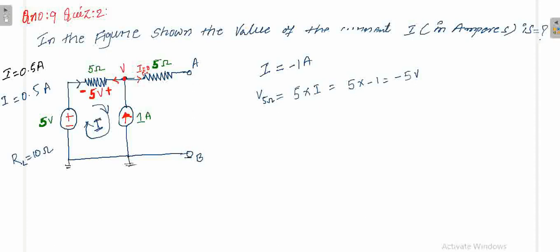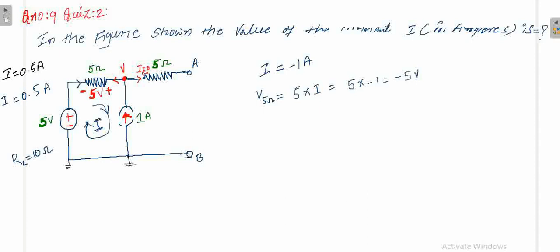Why am I considering the voltage at this point? Because here the current is 0, and if the current is 0, then the drop is 0. Whatever voltage appears in this branch, the same voltage will appear across these terminals, because they are in parallel.